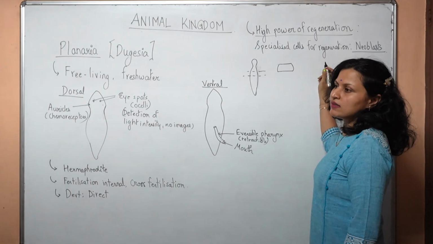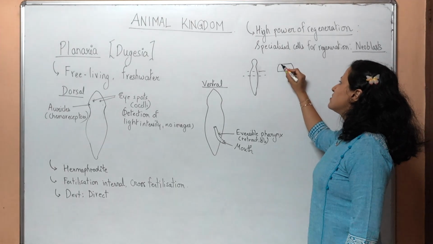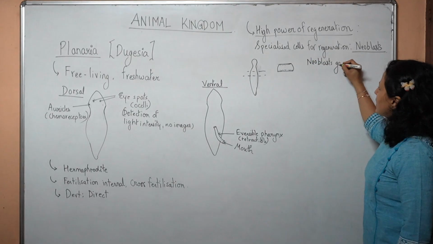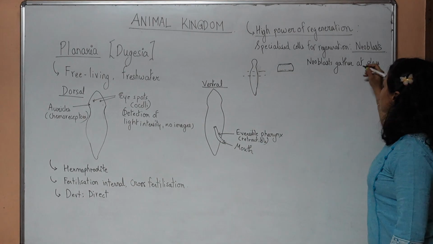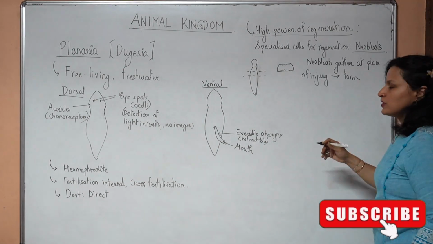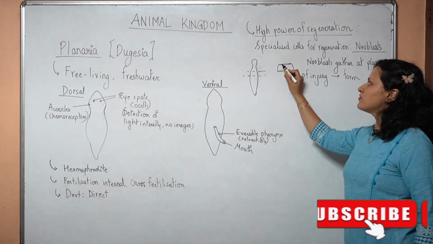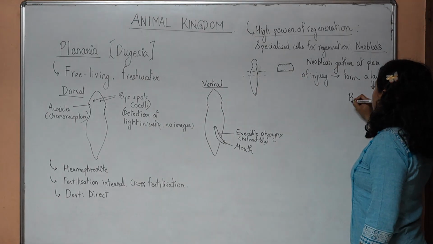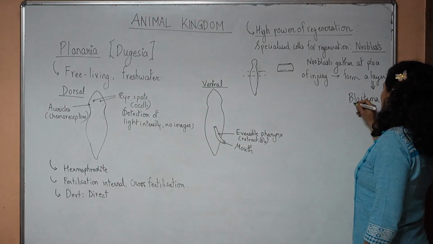So the neoblasts are going to gather at these places of injury and form a covering around them. They will form a nice layer around these injuries, which is called a blastema. The layer of neoblasts is called a blastema.